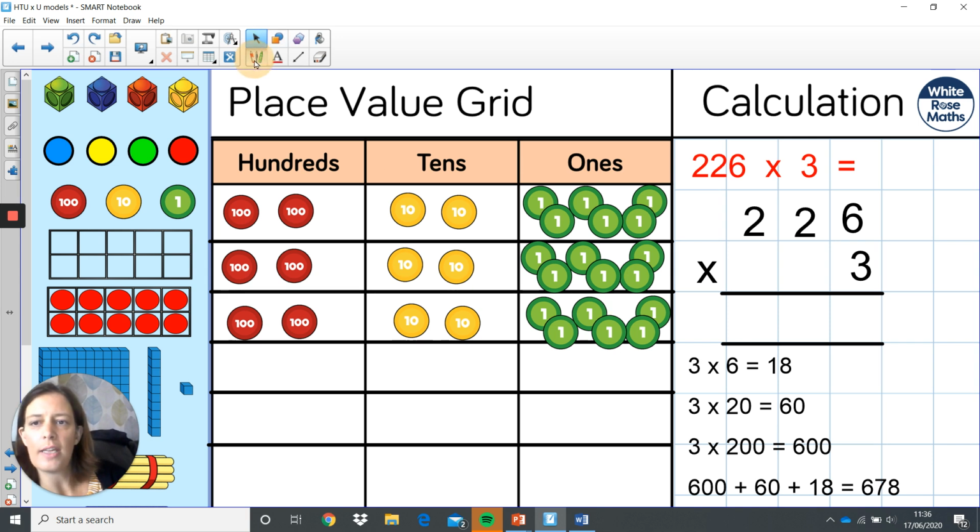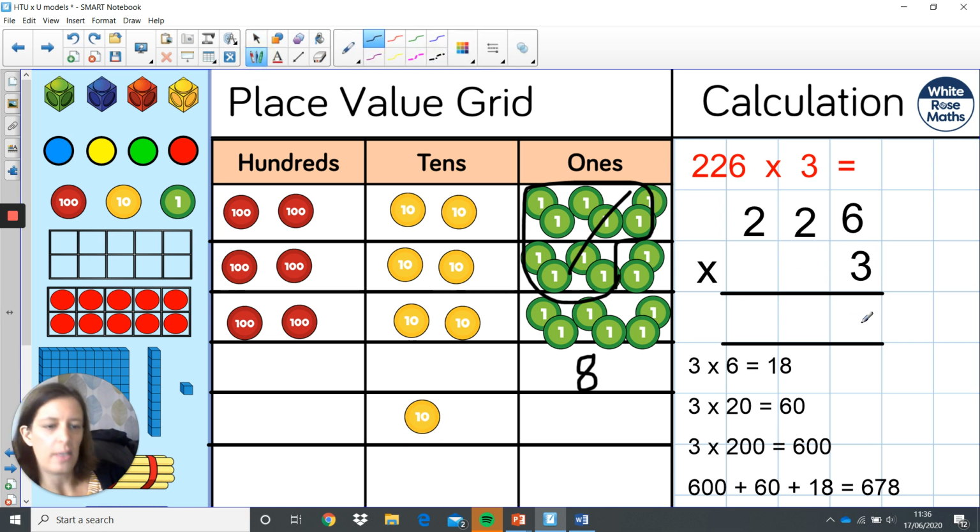I can't have all 18 in there, but I can have 8 of them and exchange 10 of them for a 10 to make my 18. If I did that now, there would be 8 in my ones column and my 1 ten exchanged in the tens column. Okay, let's have a look at the next step.